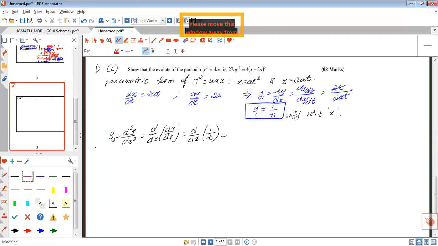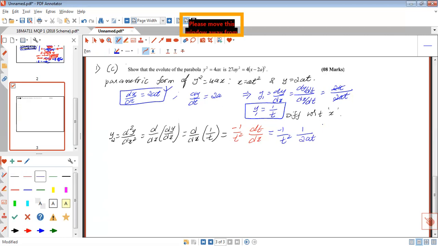The differentiation of 1 by t is minus 1 by t square, and then differentiation of t with respect to x. Substitute the value of dt by dx, that's nothing but the reciprocal of this. So minus 1 by t square as it is, and dt by dx will be 1 divided by 2at, the reciprocal of this value. Right?